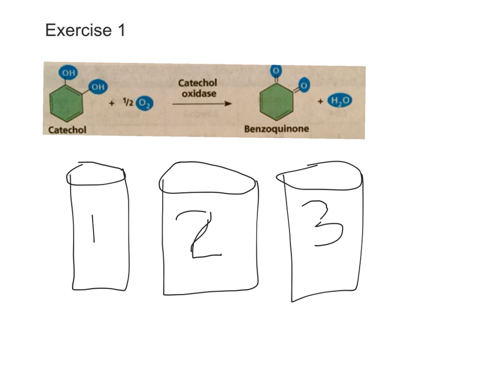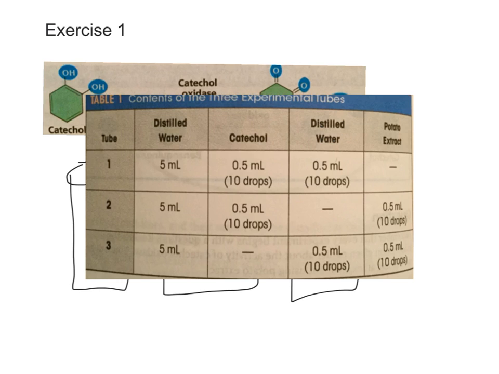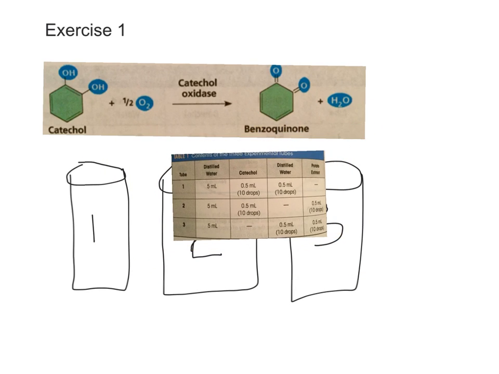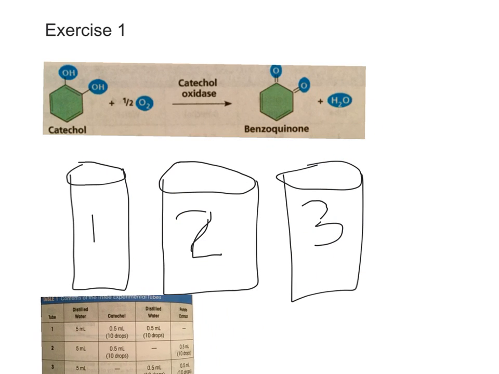Alright, so 3 test tubes, and let's pull up what was inside those test tubes. You can also find this in your lab manual. So let me pull up that table.